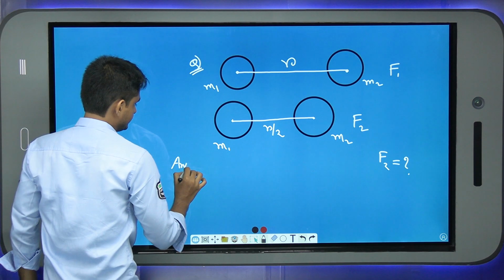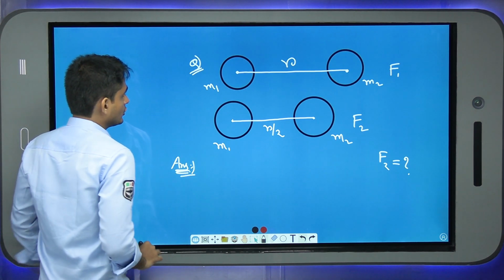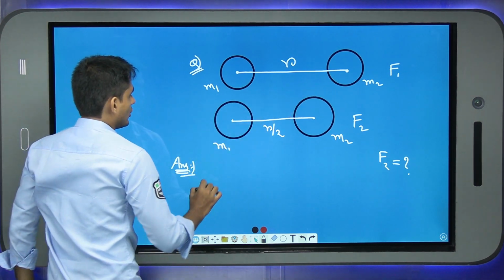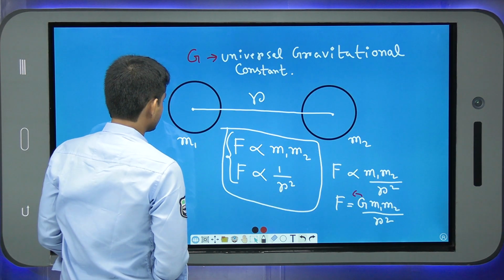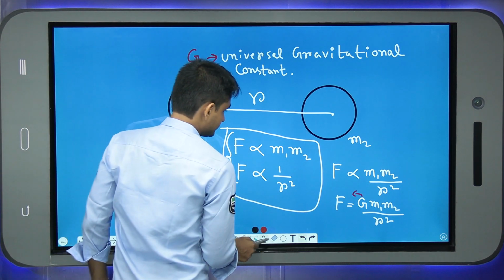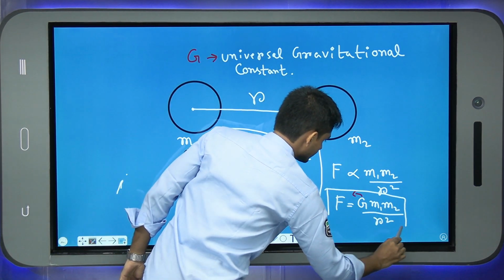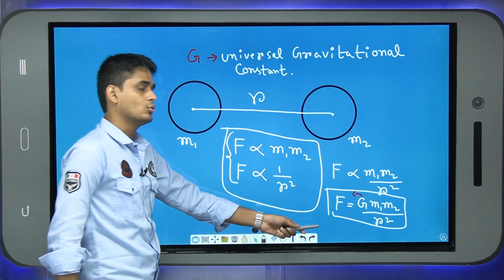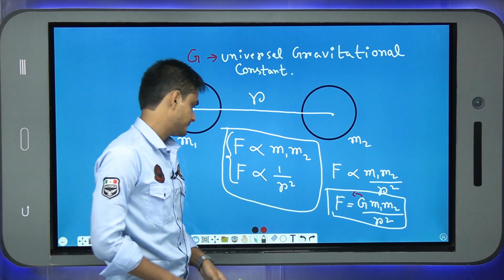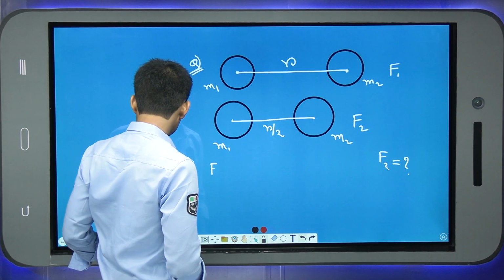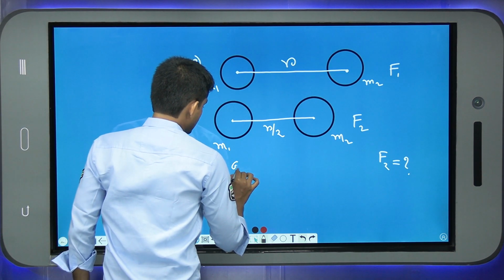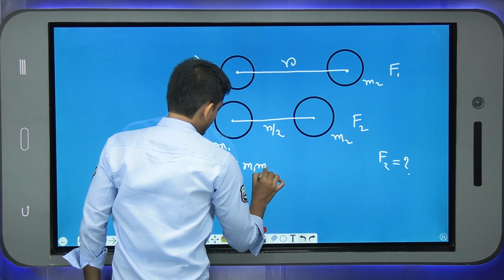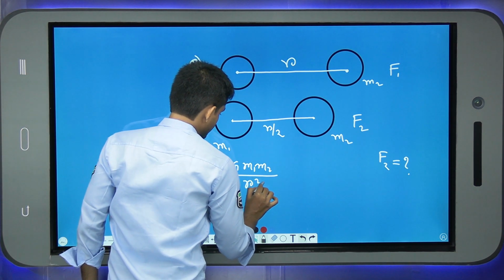Answer. For the first case, as we all know the formula, F equal to G m1 m2 divided by r square.